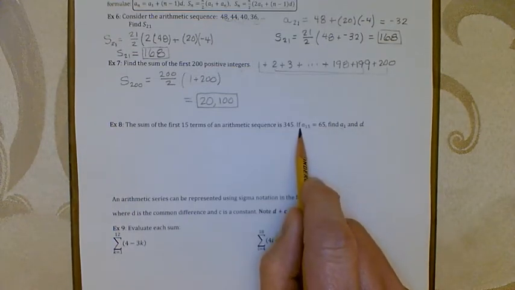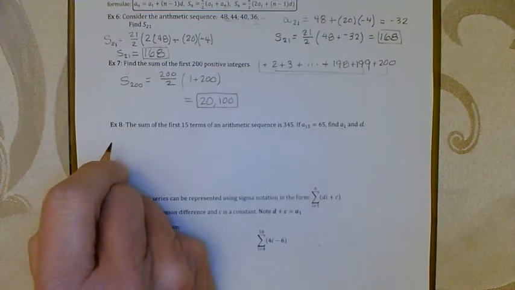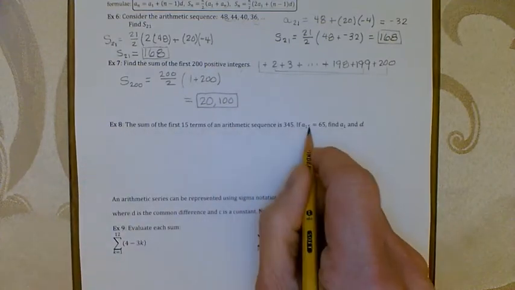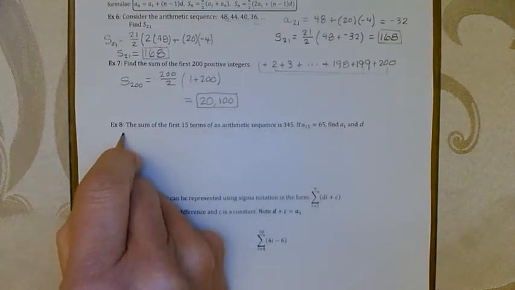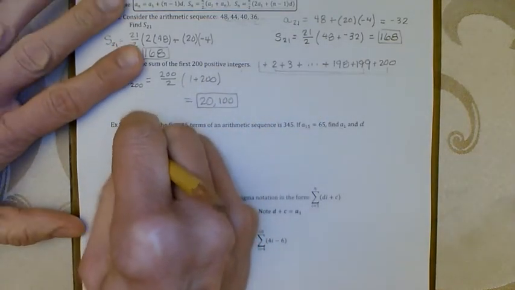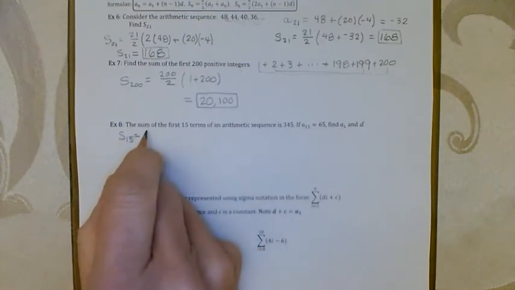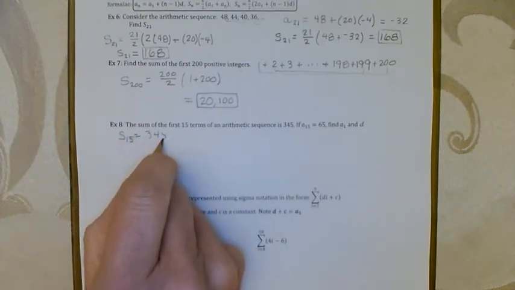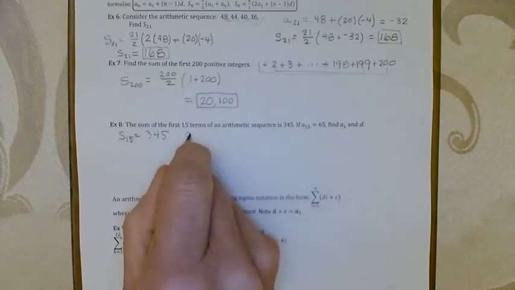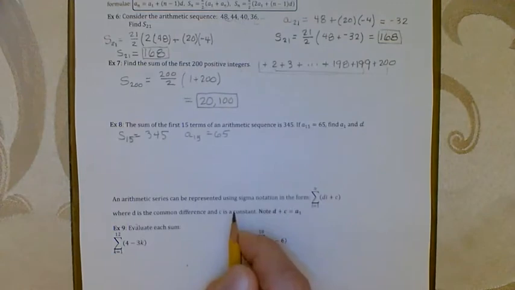Now we also know some arbitrary term in between there, and we know the last term. And so then we take S sub 15, and that's equal to 345. And we know a sub 15 equals 65.